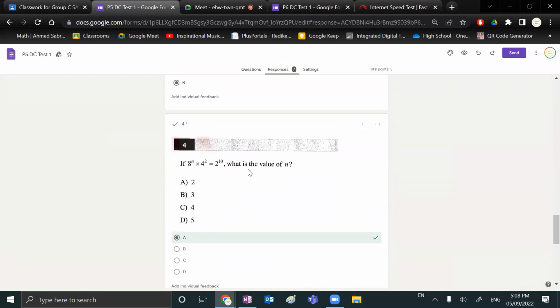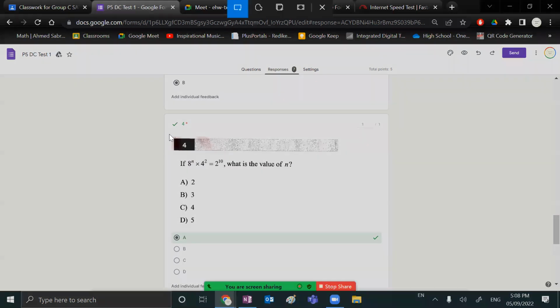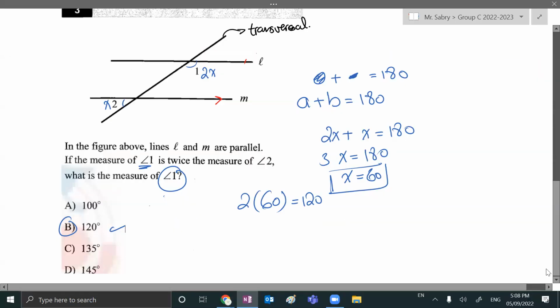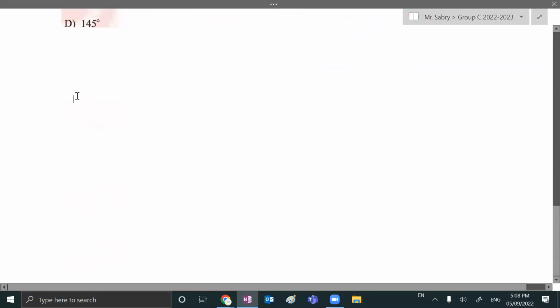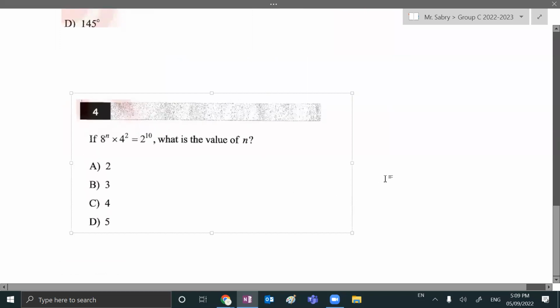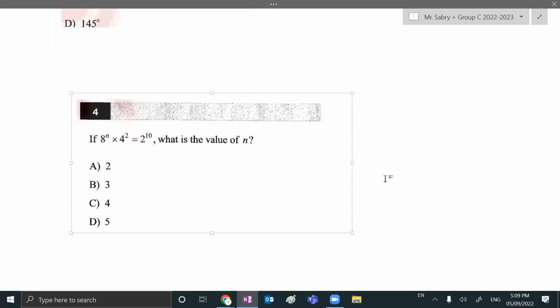Yes, for question 4. What I did was, 8n times 4 squared equals 2 to the power of 10. So I did 2 to the power of 3, then times n, times 2 to the power of 2, times 2. Perfect. And then I just found the value of n. You were able to just look at it and get it, right? Yeah.